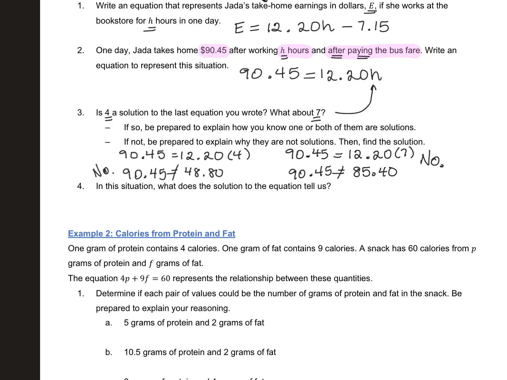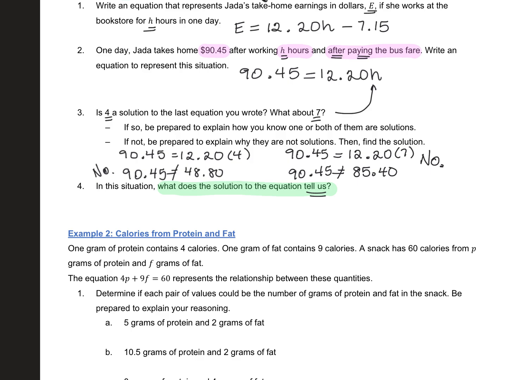Okay? Now for number 4, it says, in this situation, what does the solution to the equation tell us? So I'm not asking what is the solution, I'm saying what does it tell us?